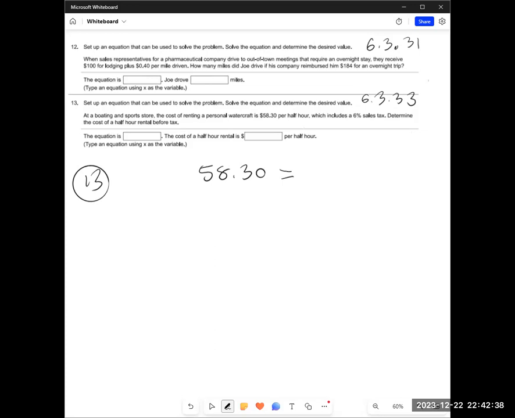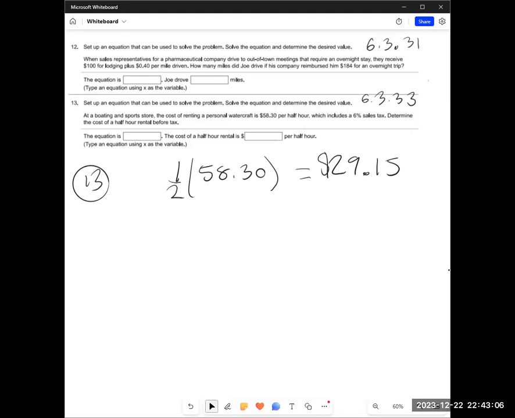But if this is for a full hour, I need half of my hourly rate. 58.30 divided by 2 would cost me 29.15 for the half hour.